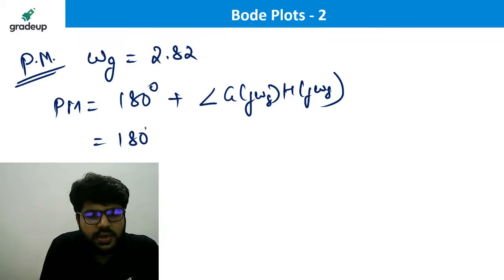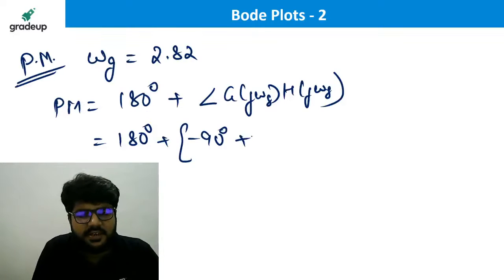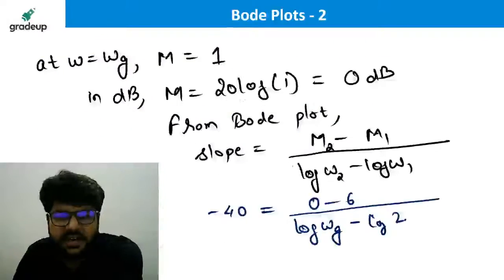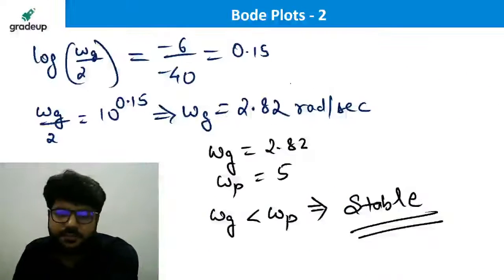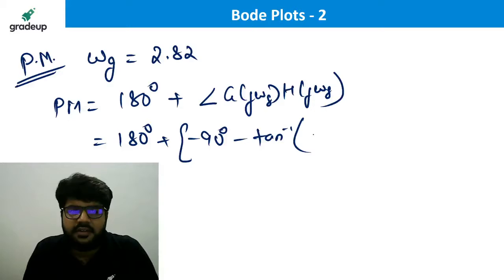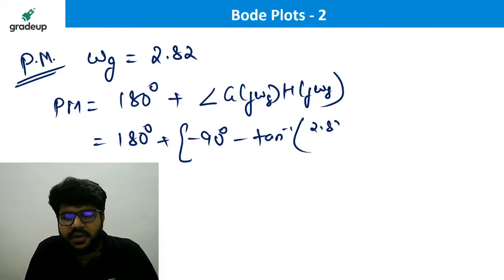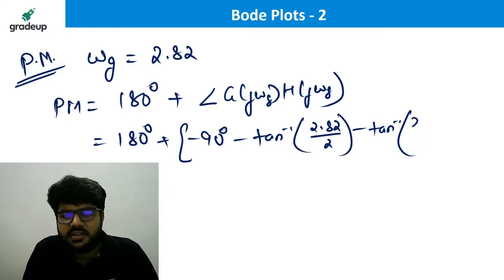So that is equal to 180 degree plus minus 90 minus tan inverse omega by 2, minus tan inverse 2 omega by 25. Omega is 2.82, so tan inverse 2.82 by 2 minus tan inverse 2 into 2.82 divided by 25.